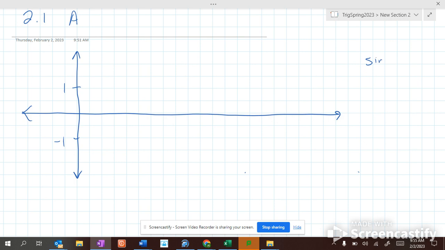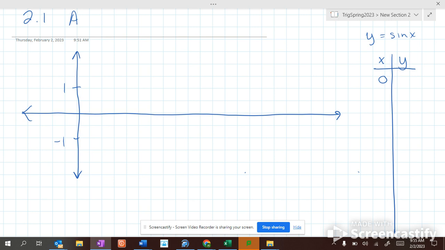All right, we're first going to look at the sine of x curve. Y equals the sine of x. Get out your unit circles, please. All right, so 0 radians.